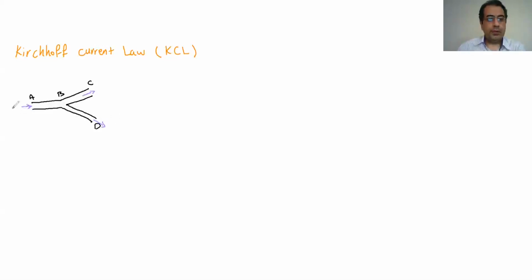I know that whatever water comes to point B, where the pipe splits into two, that amount of water is going to leave in pipes BC and BD.